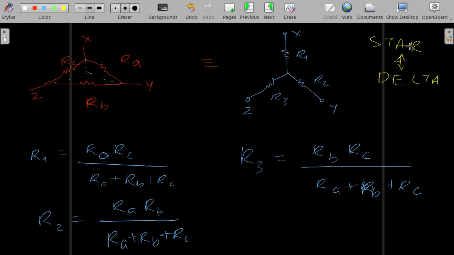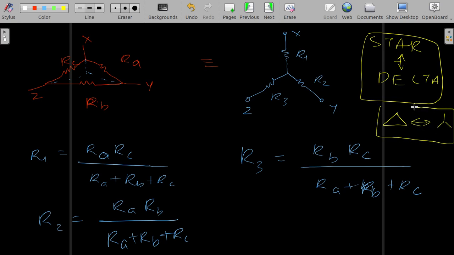This is the conversion, star delta, delta star, both ways. This is a symbol, just writing, no significance for either. So this is the delta, this is the star. We are just changing one configuration to the other for the ease of solving equations. That is it.